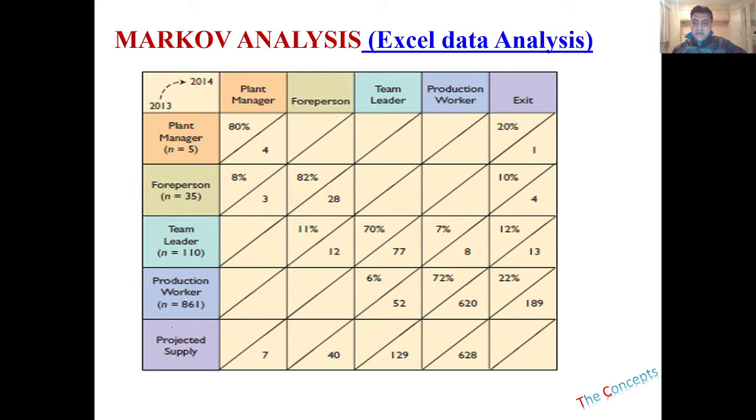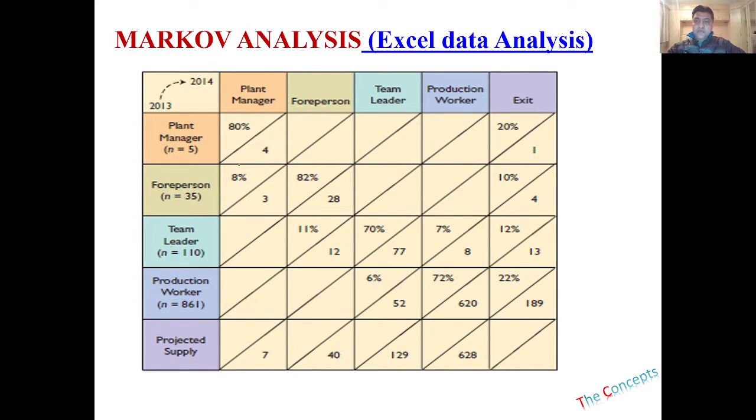Then at the end of the matrix, we have the projected supply, which means the number of people that you will have at the end of a certain time. And then here you have the exits, which means the number of people that you're expecting will leave you in this duration, whichever duration you're planning for.